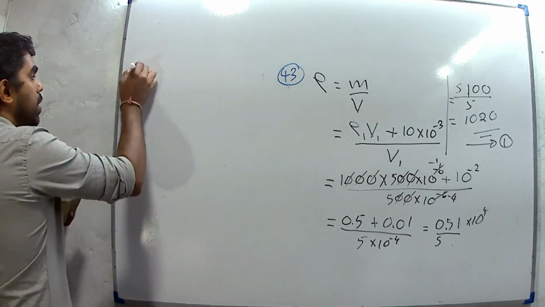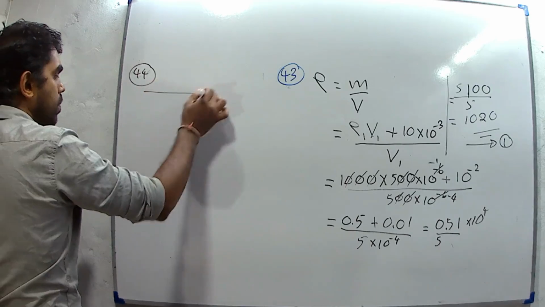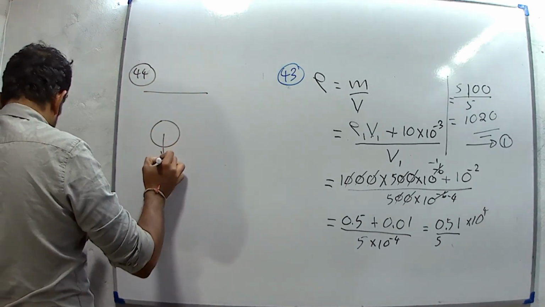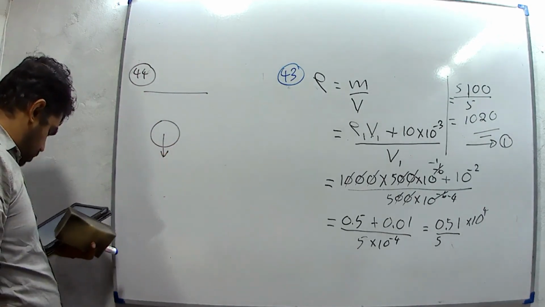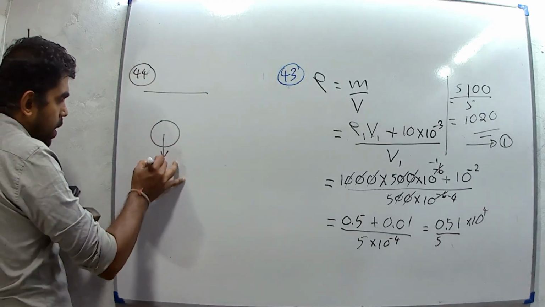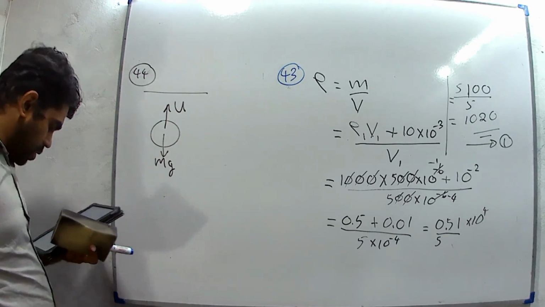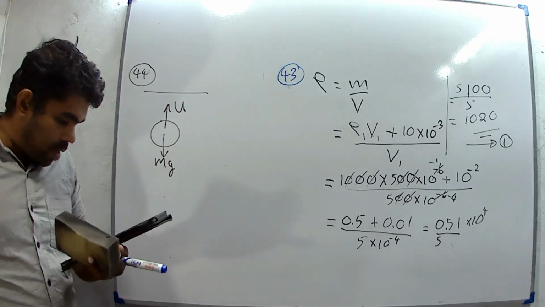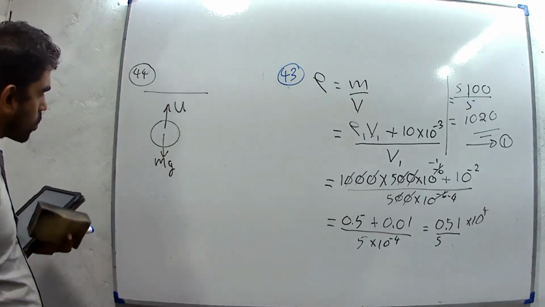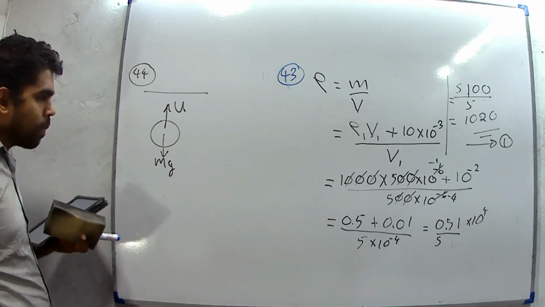It means we can consider that the weight of this object, mg, should be equal to the total upthrust. When considering weight, they have given that density is 8 into 10 to the power 3.